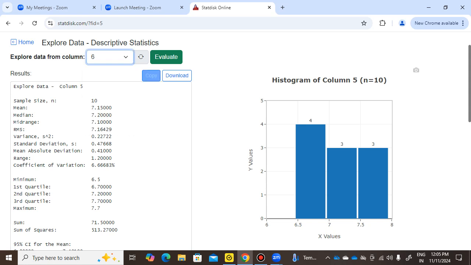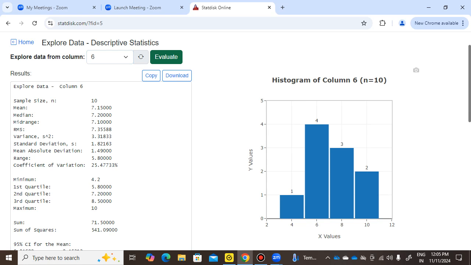For Providence Bank, the standard deviation is 1.82. The variance is 3.32. The range is 5.8.